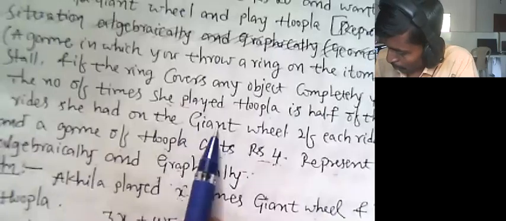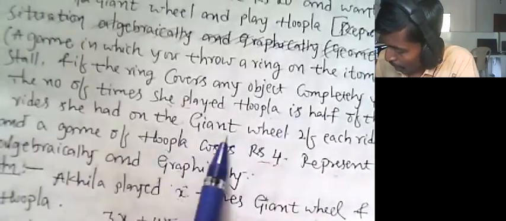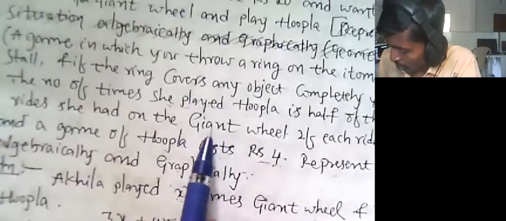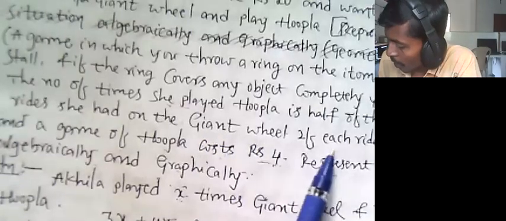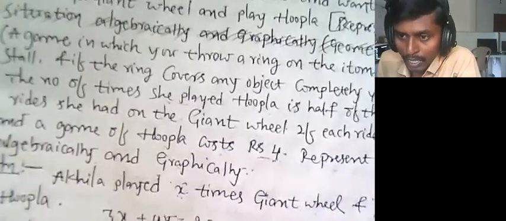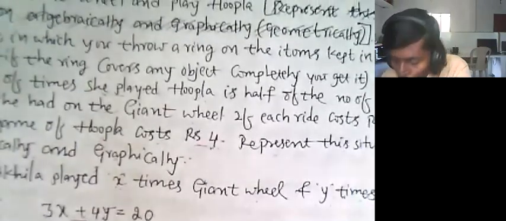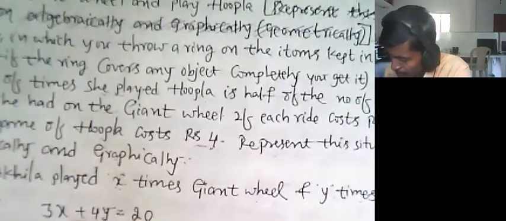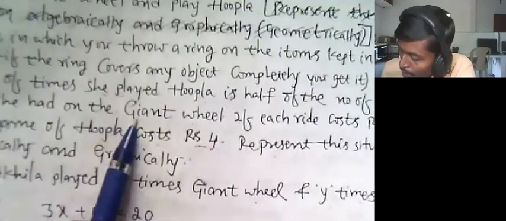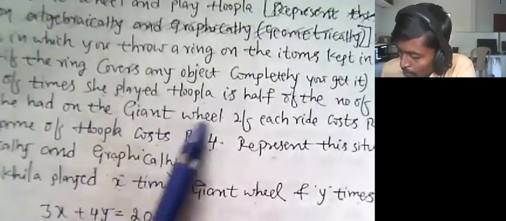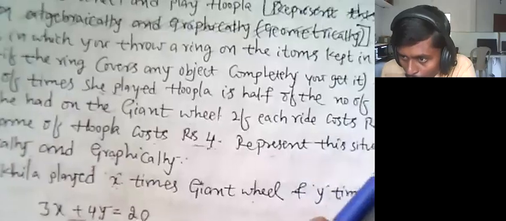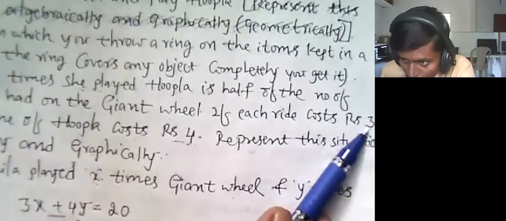See here, what are they given? If Akila goes to a fair and she played giant wheel, each ride costs rupees 3. To play the giant wheel, what is the cost? 3 rupees.